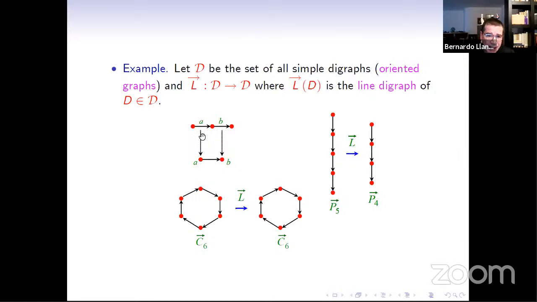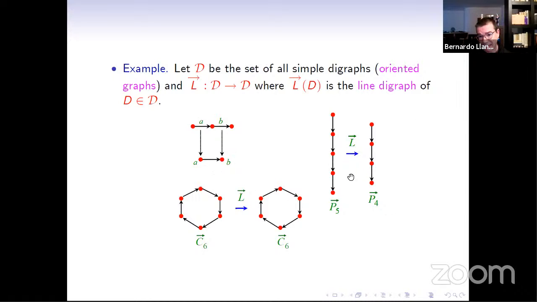Here is the vertex A for the arc A, and this is the vertex for the arc B. And then if the arcs are consecutive, I mean that the end of the arc A is the beginning of the arc B, then you put an arrow. So this is the operation.